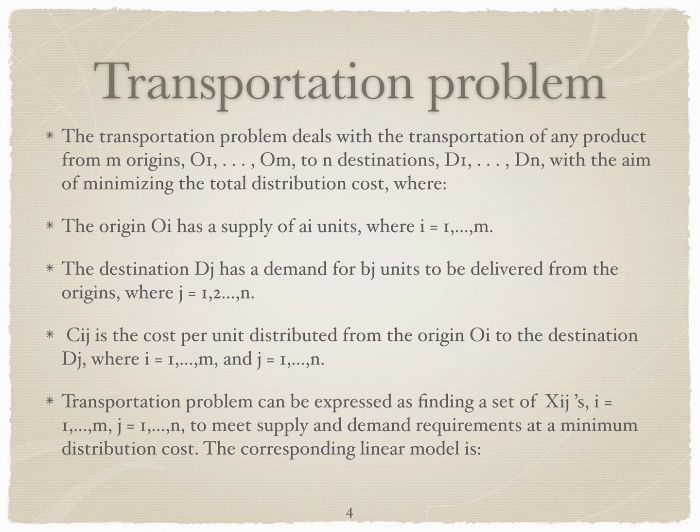Any transportation problem can be expressed as finding a set of xij's where i is equal to 1 to m and j is equal to 1 to n to meet the supply and demand requirements at a minimum distribution cost. The corresponding linear model is shown in the next slide.